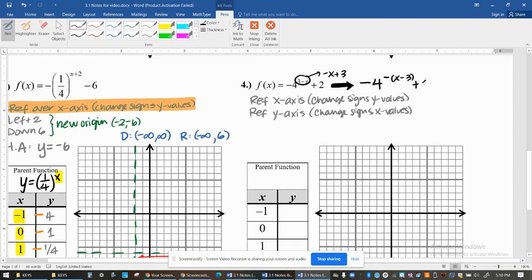So this is something that we've talked about since semester 1 in unit 1. 3 minus x is not written in standard form. The x is negative, so you write it as negative x plus 3, and then you factor out the negative to be able to identify reflections and shifts.